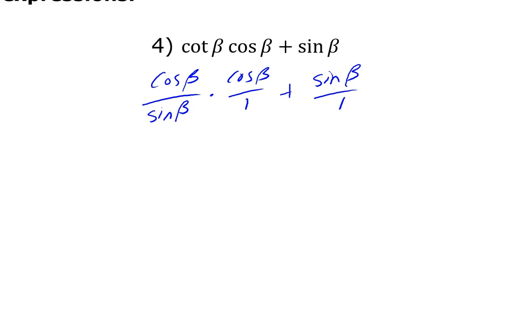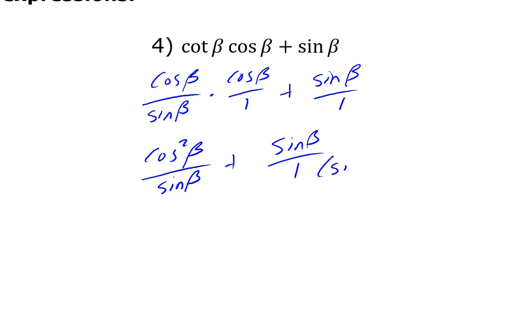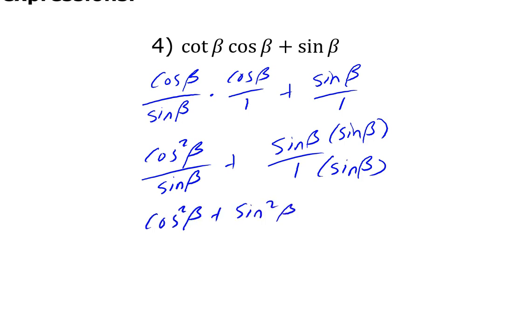So far that gives me cosine squared beta over sine beta plus sine beta over 1. Now, if I want to add these, I'm going to need like denominators. So this would have to be multiplied by sine beta in the numerator and the denominator. Okay, now I have like denominators. This is sine squared beta. So now I have cosine squared beta plus sine squared beta over sine beta.